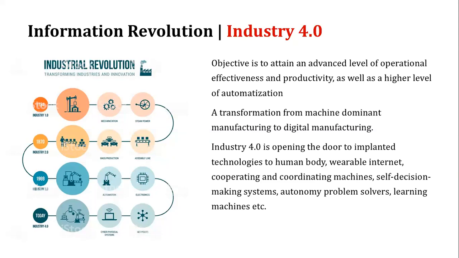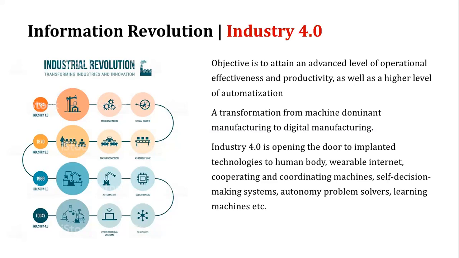But in the era of Industry 4.0, the paradigm totally changed, right? With this sophistication, the machines were able to talk to each other instead of human talking to machines.